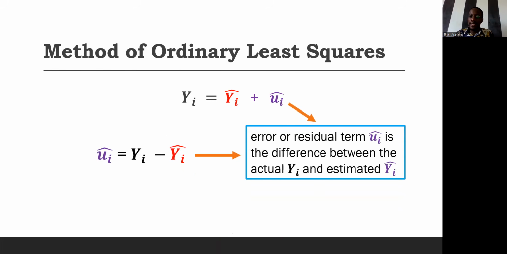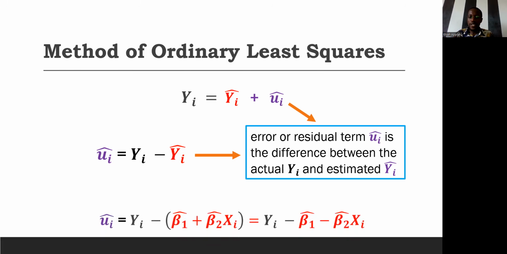If we take the difference between the population and the estimated, we get the error. So the error, or what we call the residual term, is the difference between the actual y, the population, and the estimated one, the one we use the sample to estimate. So we have the actual y minus the estimated.